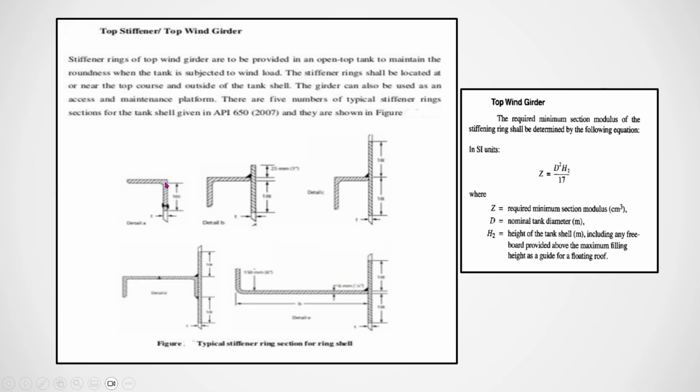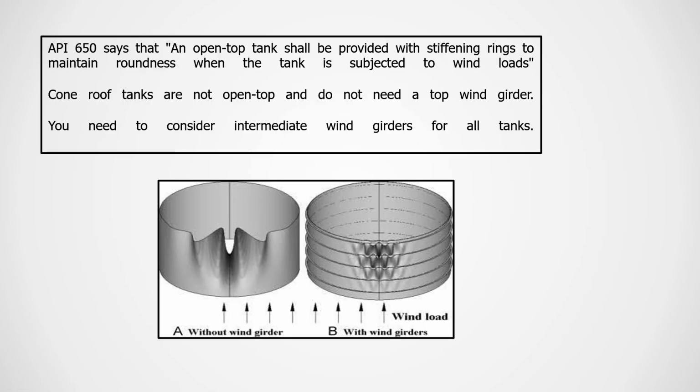It can be an angle, it can be channels also. Now, if there is no curb or no wind girder, then due to wind force the tank shape will go inside like this. If you use the girder or curb, this will be very less. It will be slightly there, but very less.